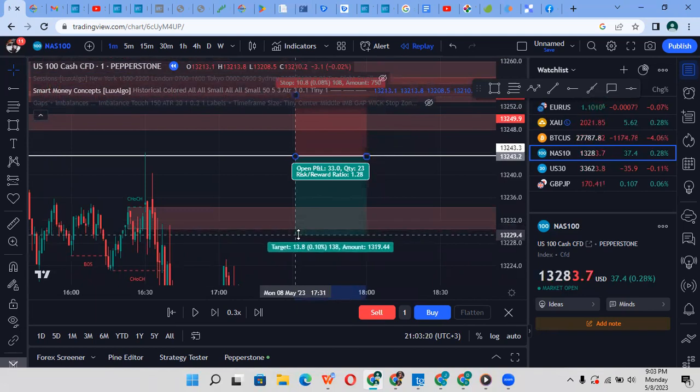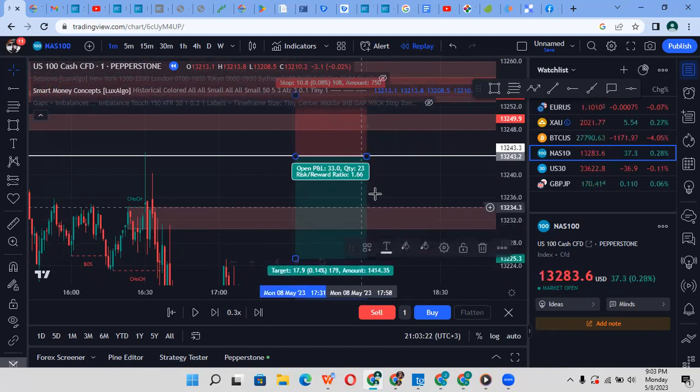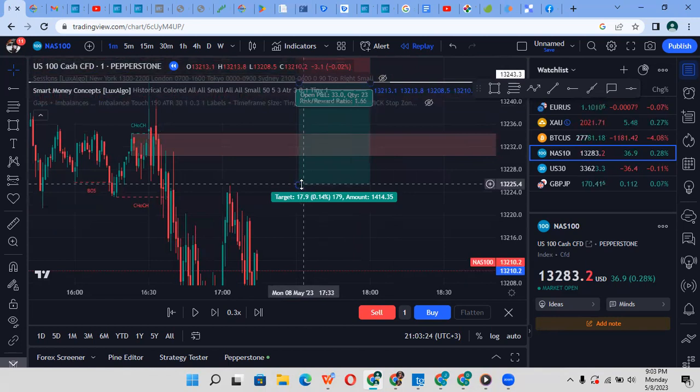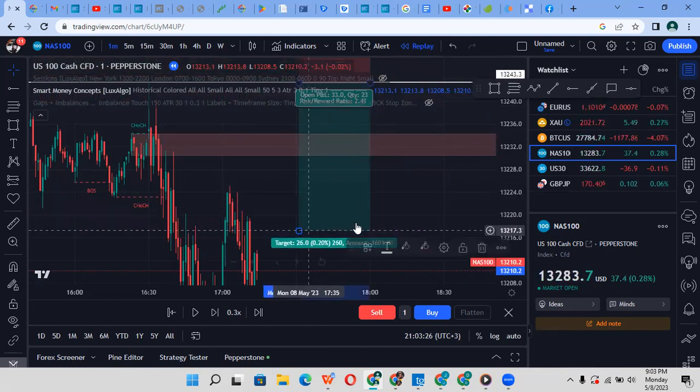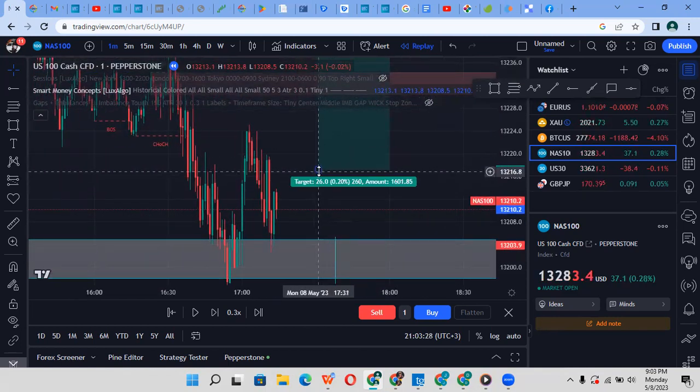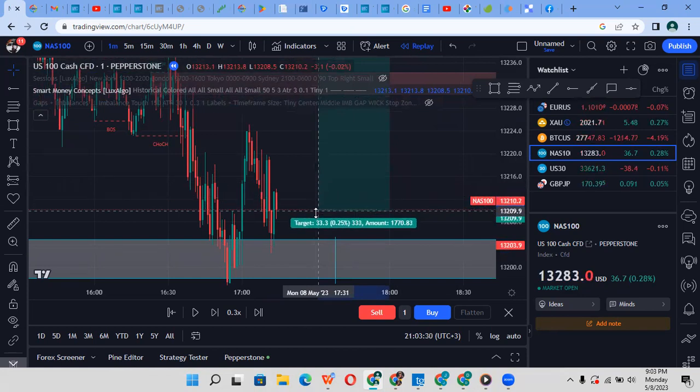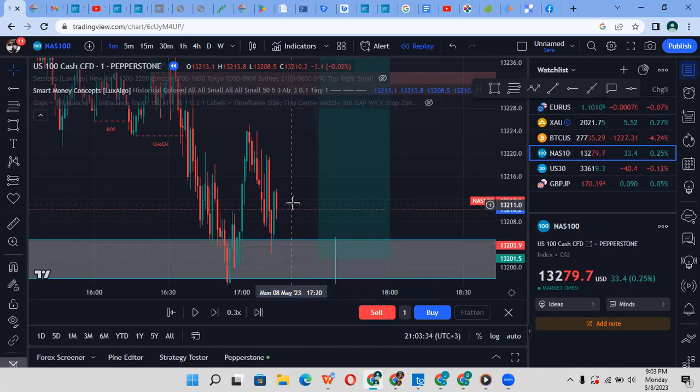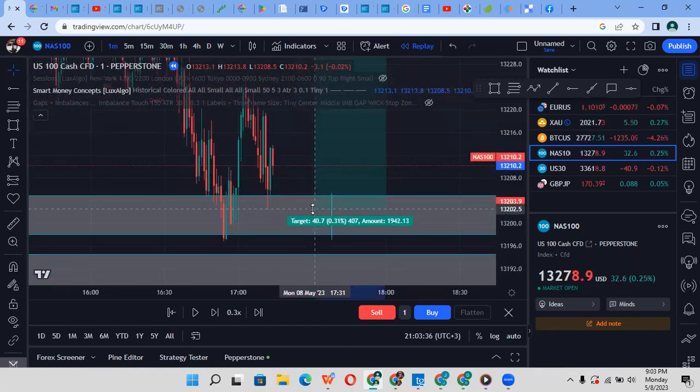So if you take a look, my 40 pips will be my take profit 2. So this is my 30. Here's where we have our 40 pips.